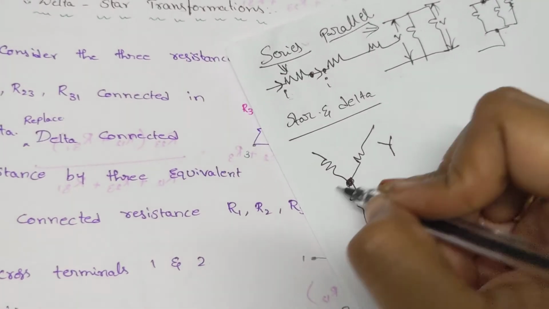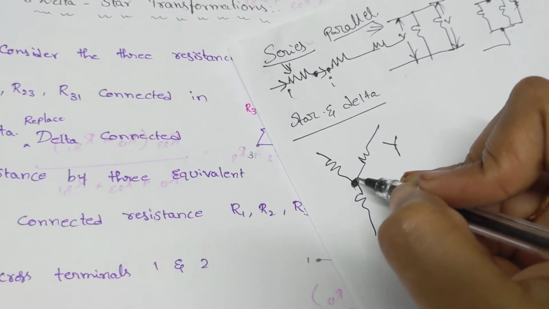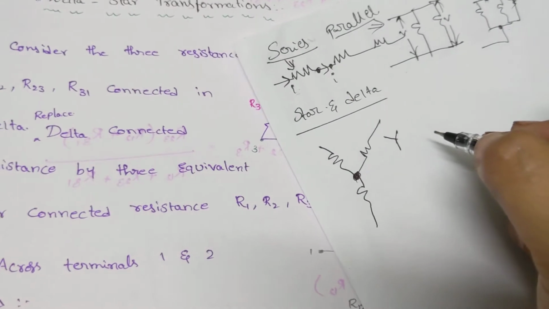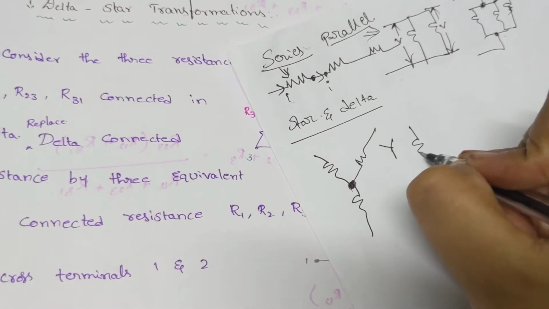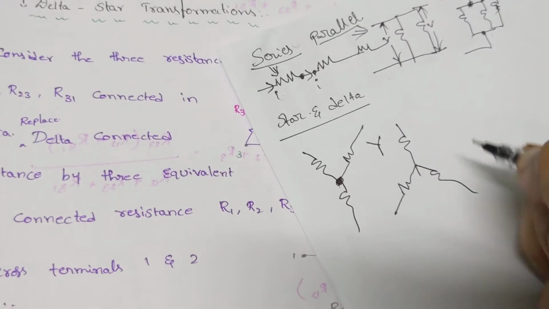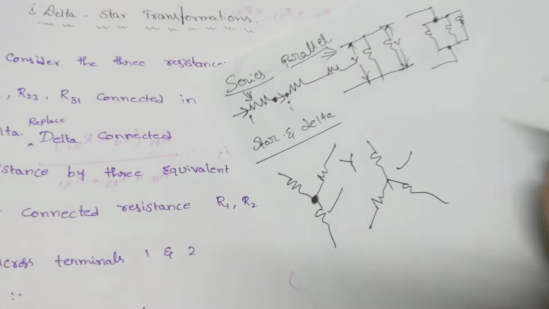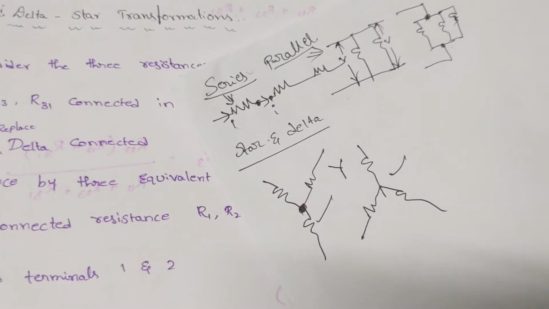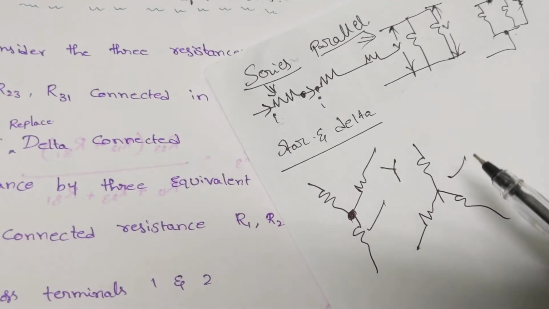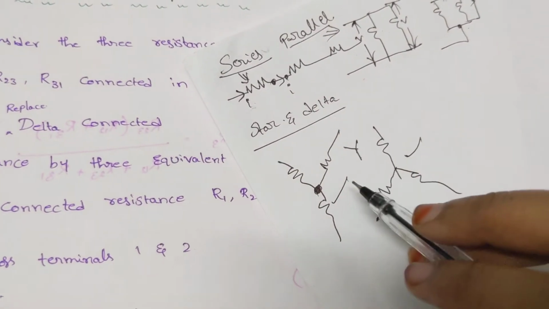You may connect all the negative terminals of the resistors, or you may connect all the positive terminals of the resistors. Either way it is considered a star connection. So this is star.